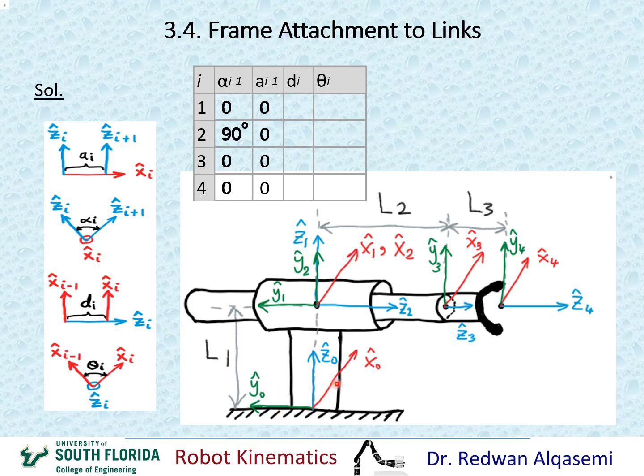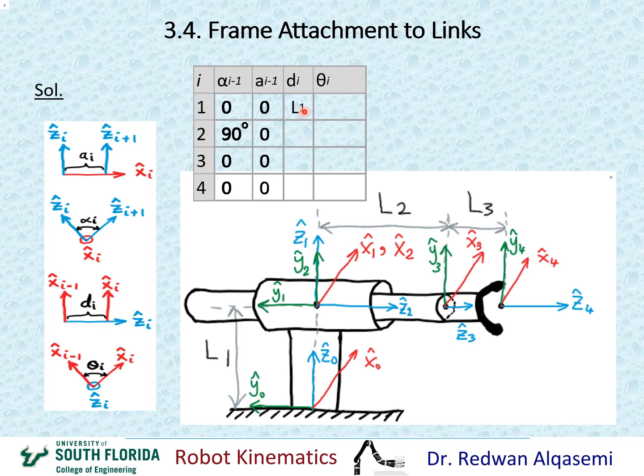This is x0 and this is x1 along z1. This is z1. Obviously there's a distance between x0 and x1 along z1, and this distance is constant, it doesn't change. That distance is indicated here as L1. So that means d1 equals L1, which is a constant.